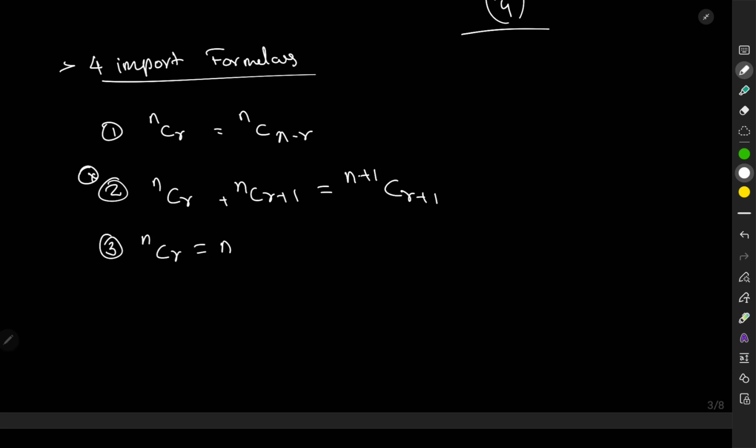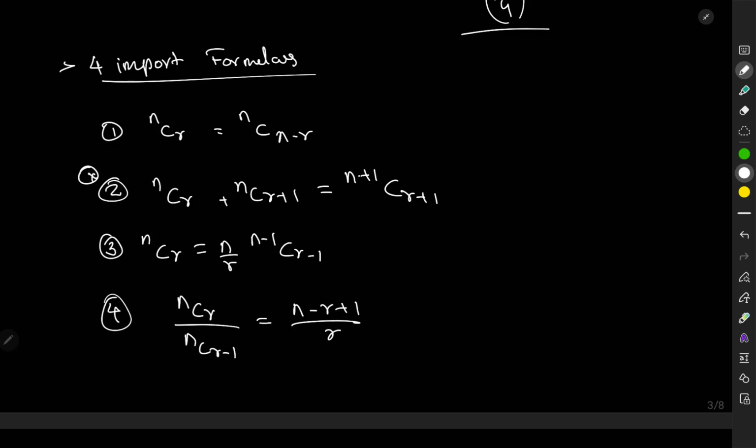You can write it like n by r times n minus 1 C r minus 1. Fine. And fourth, if nCr by nCr minus 1 are in division, you can write it like n minus r plus 1 by r.